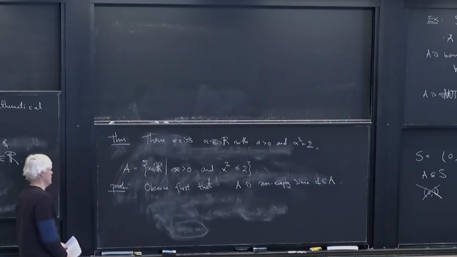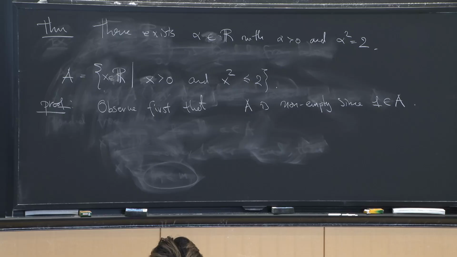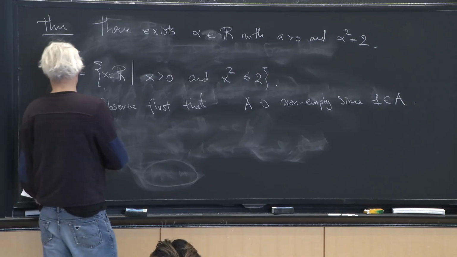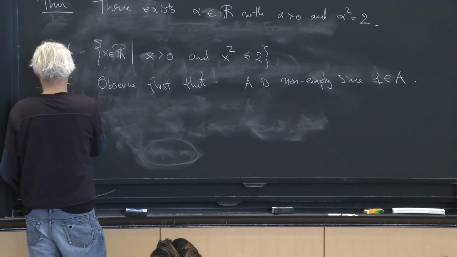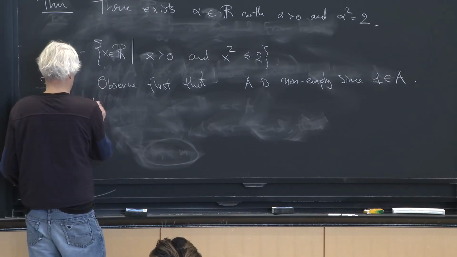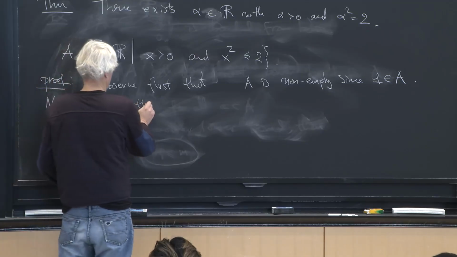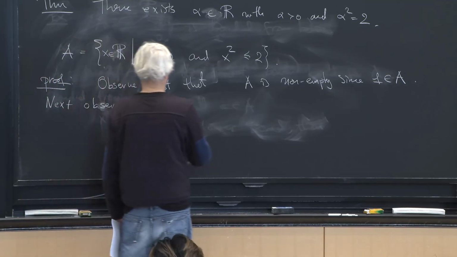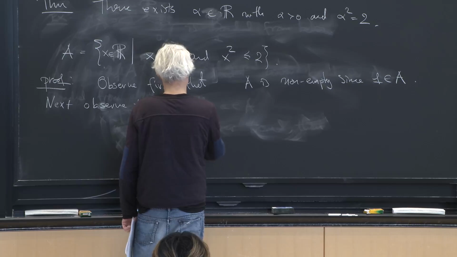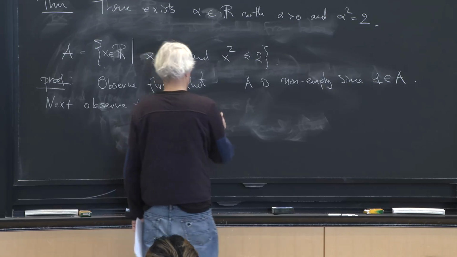So A here is non-empty. Next, observe that A here is bounded. It's bounded from above.